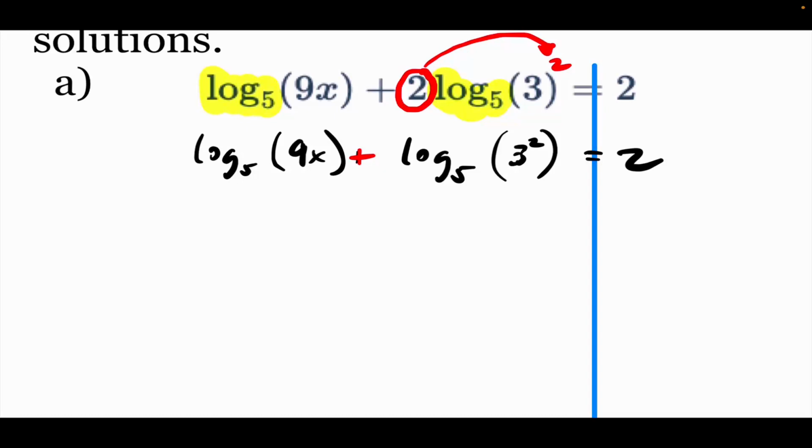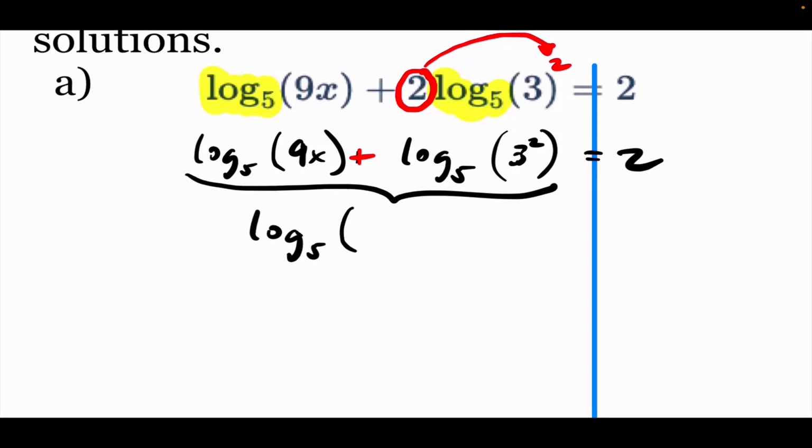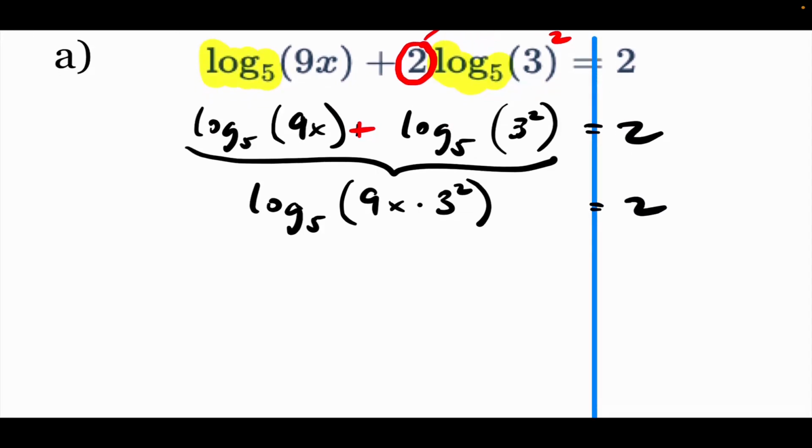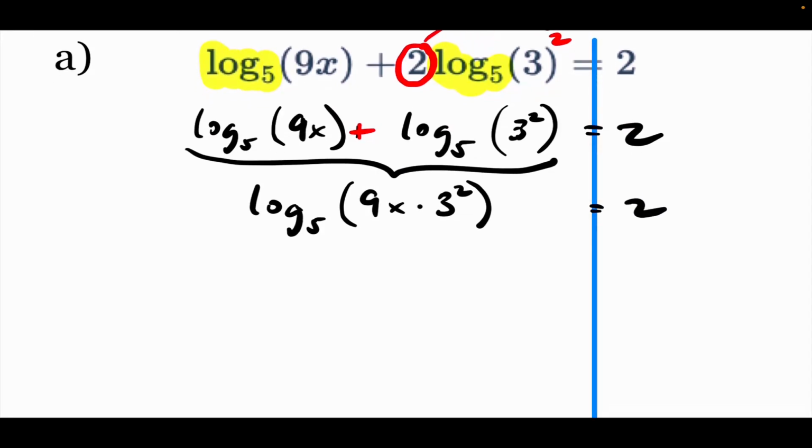So now what I'm going to do is combine those 2 logs using the product rule. The product rule says you can condense using multiplication. So 9x times 3 squared. Well, 3 squared is 9 times 9x is 81x.